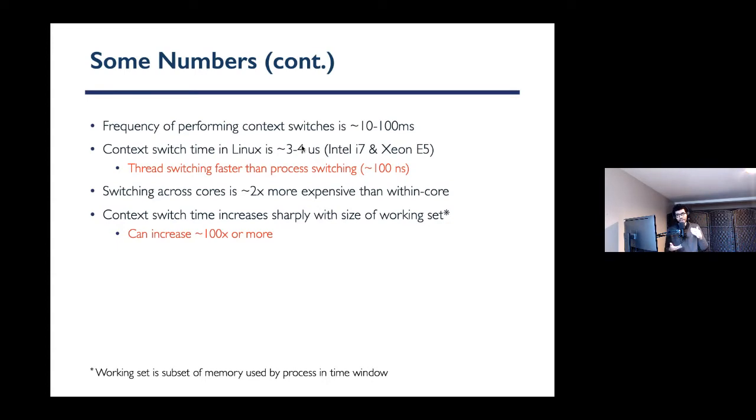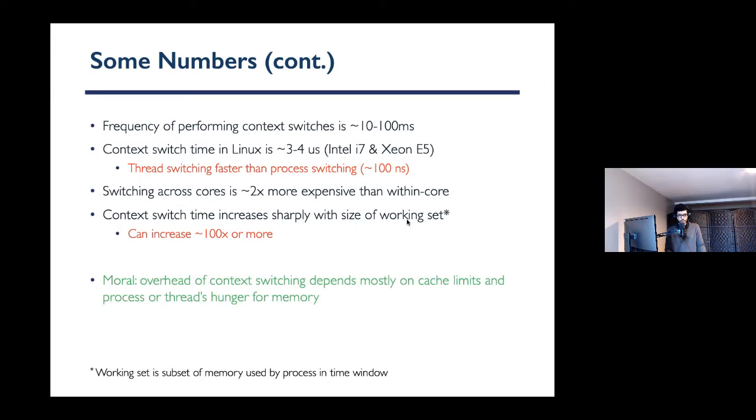That's basically the minimum amount of data that a process needs to have in memory to run without hiccups. As this working set size increases, the overhead of context switching increases as well.